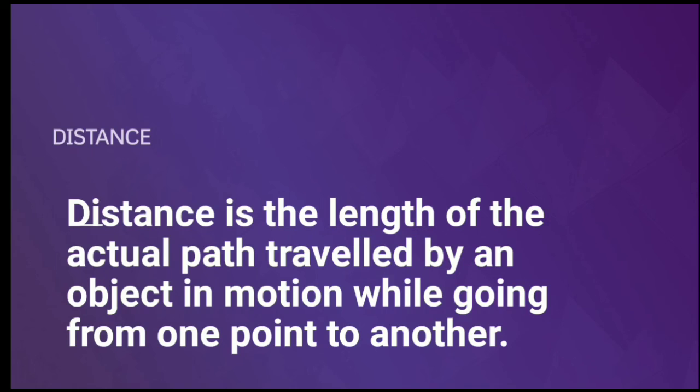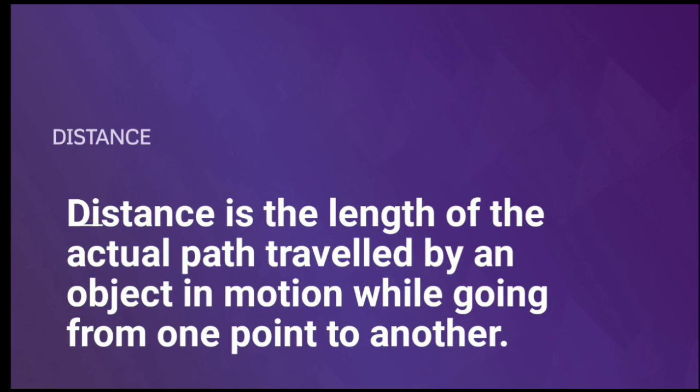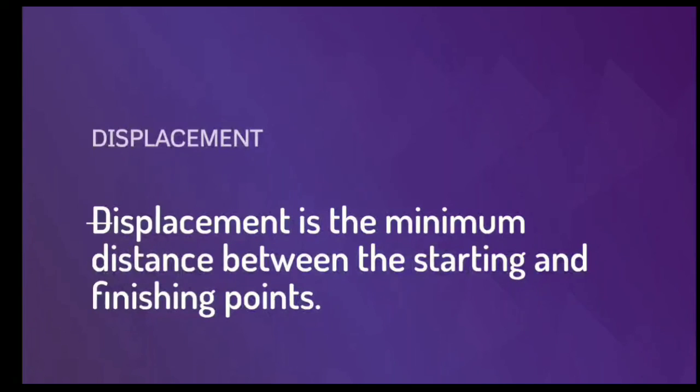Here we can say that Sheetal is going from Sangeeta's house to school, but Prashant went directly to school. So that is the distance, 1300 meters. So distance is the length of the actual path travelled by an object in motion while going from one point to another.